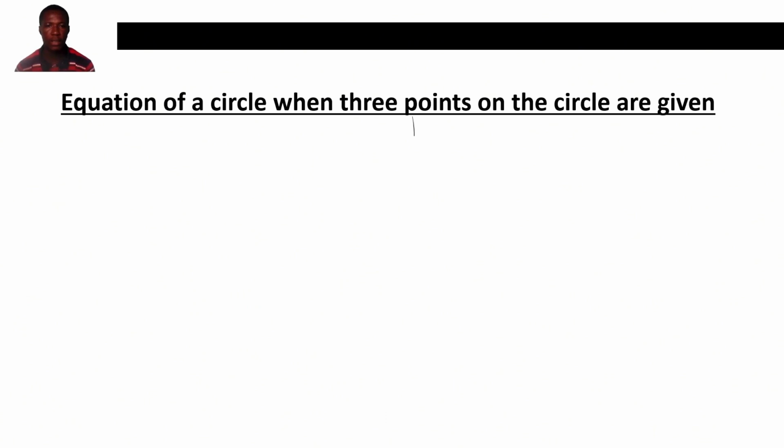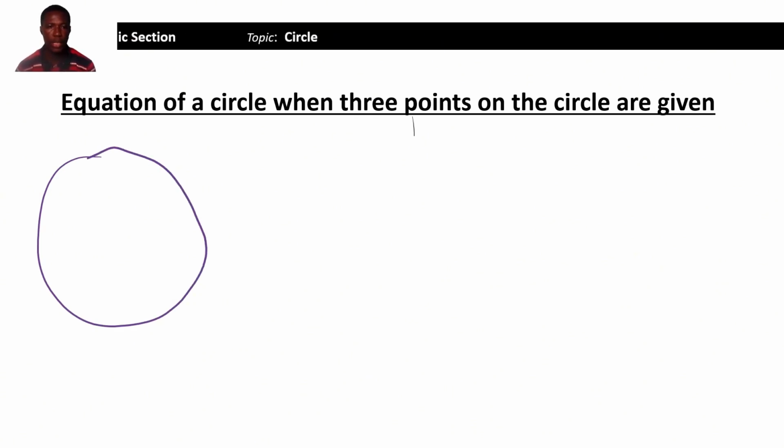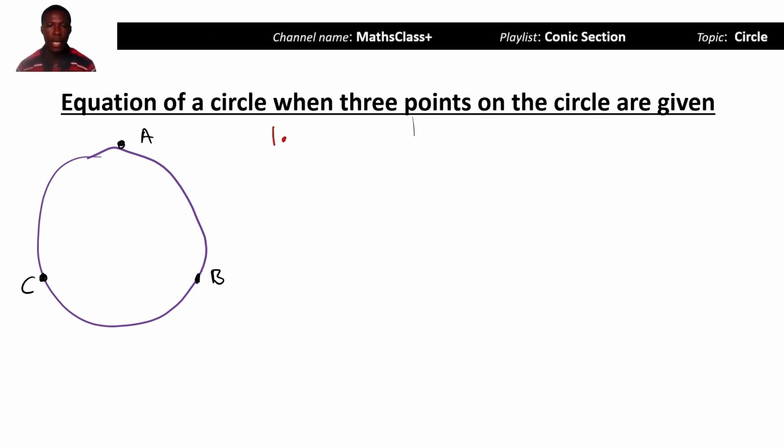Equation of a circle when 3 points on the circle are given. So if 3 points, let's say point A, point B, and point C are given as points on the circle, the first thing I would want you to remember is that any point that is on a circle satisfies the equation of that circle.